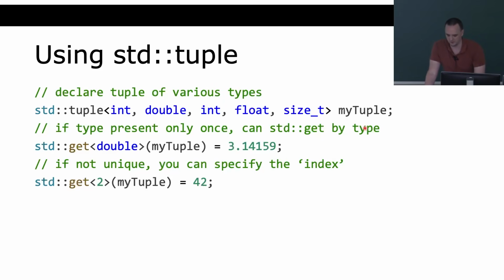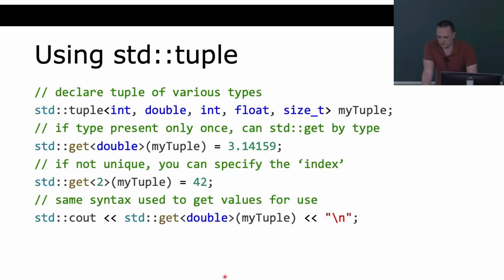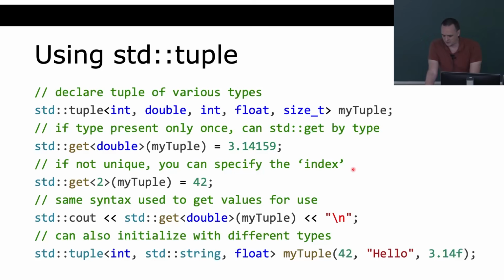So that's how I can do that. And I can use that not only to set variables, but this is how I would print the double as well. And you can also use these different types just as arguments to set in the constructor of the tuple itself. So if I had a tuple int string float, call it my tuple, then I can pass in an int, a string, and a float right off the bat to construct this thing if I want to.